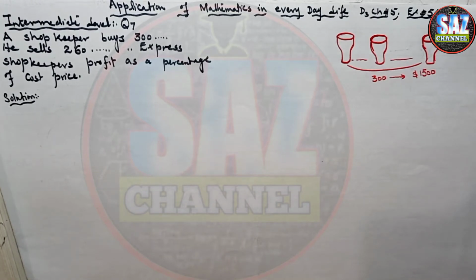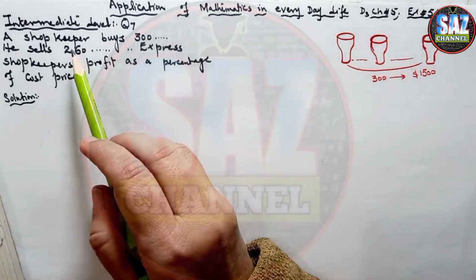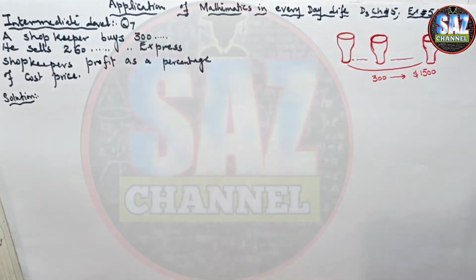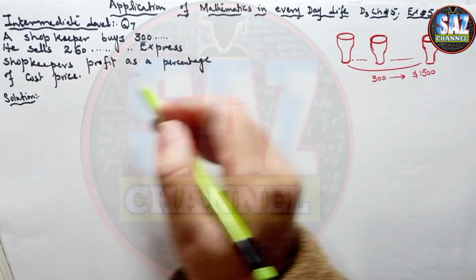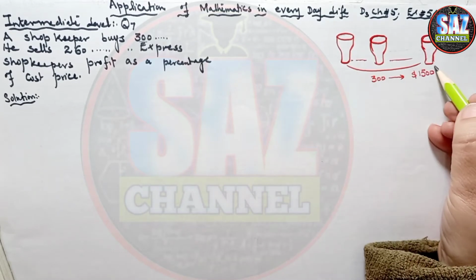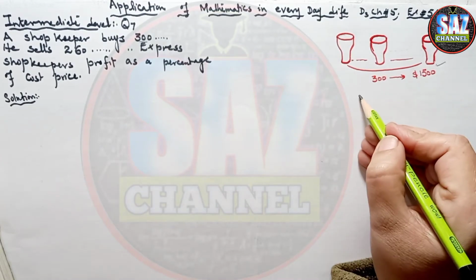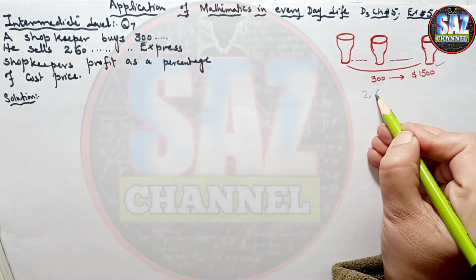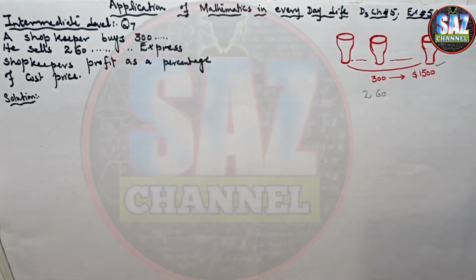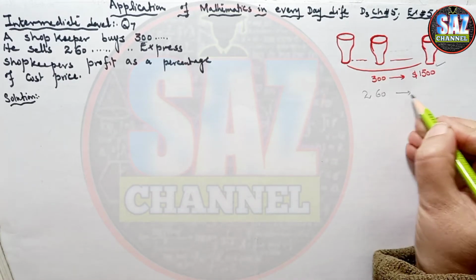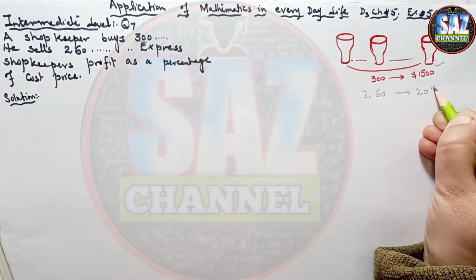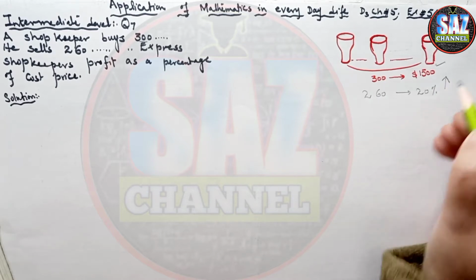Question says, a shopkeeper buys 300 identical articles at a total cost of $1500. He sells 260 articles at a price that is 20% above the cost price.